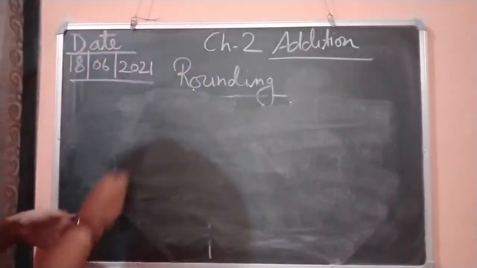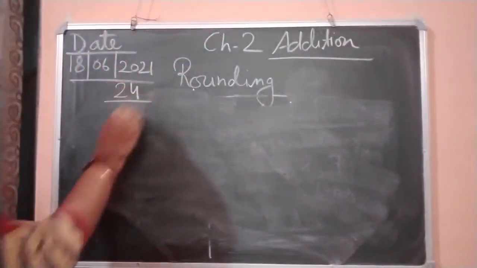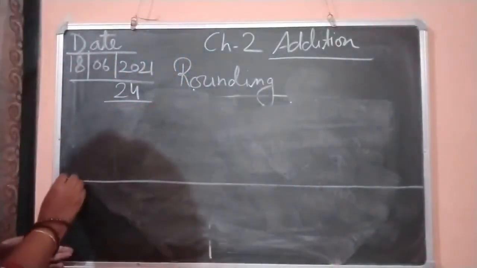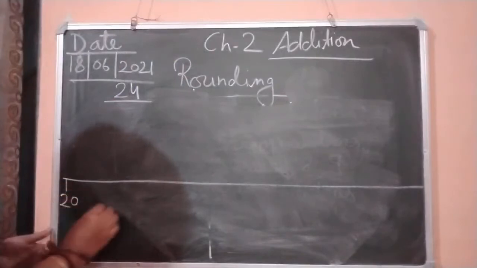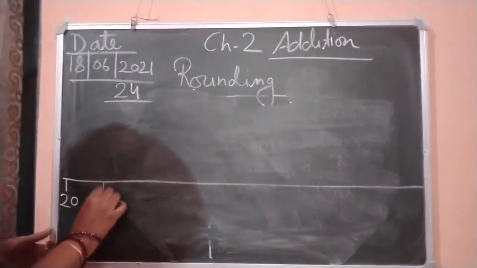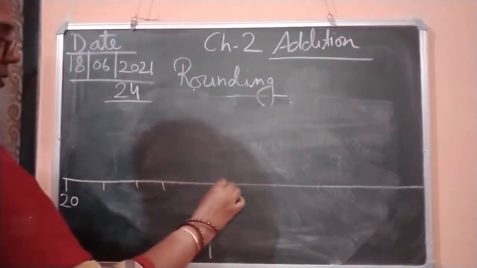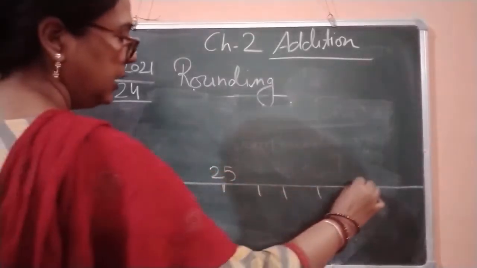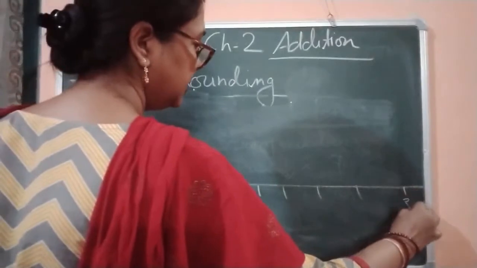Now there is also a different way to understand this rounding off, and that is to draw a line. Suppose this is 24. First we write 20, then this is 25, and this is 30.